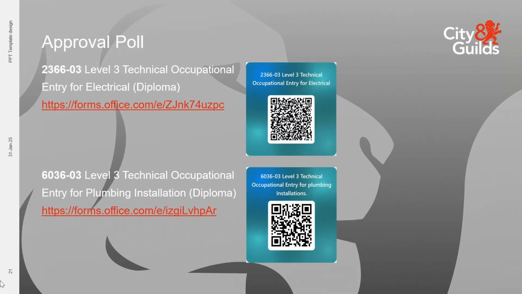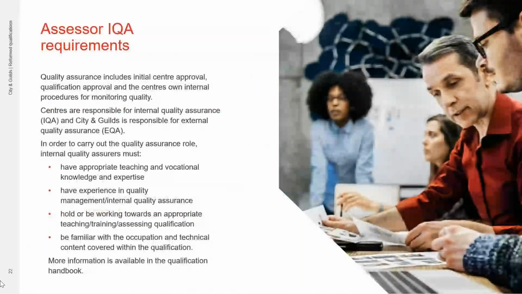So moving on. Assessor and IQA requirements. Quality assurance includes initial centre approval, qualification approval, and the centre's own internal procedures for monitoring quality. Centres are responsible for the internal quality assurance, IQA, and City & Guilds is responsible for the external quality assurance, EQA.